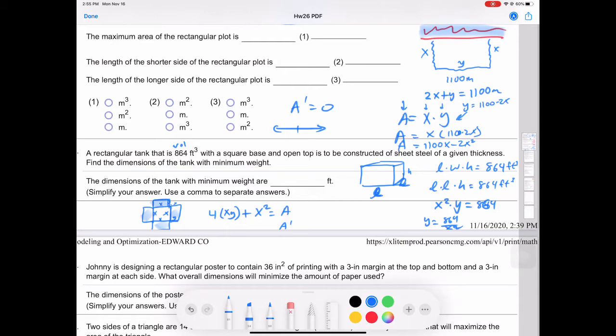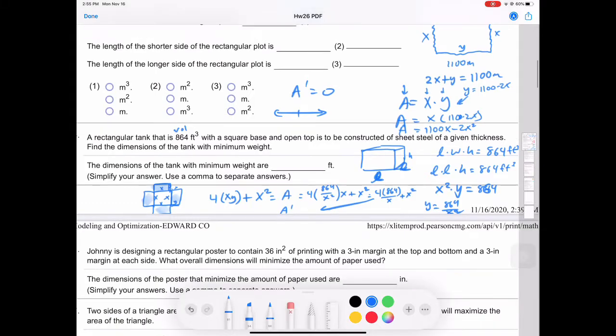Now y here, I'm going to go ahead and substitute that, so it is going to be 4 times 864 over x squared, and we had x there already, plus x squared. We're going to simplify that to become 4 times 864 over x plus x squared. Then we're going to take the derivative of that and plug in 0, and that will tell us our critical points that we can solve there. This was a little tough one. I had to be a little more creative here.